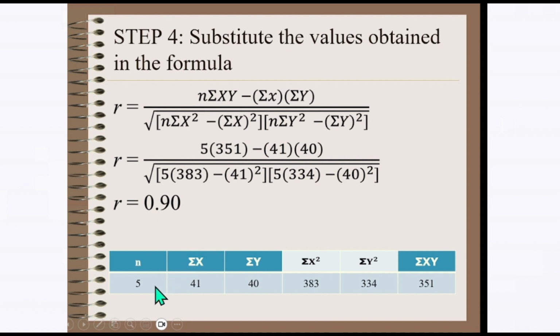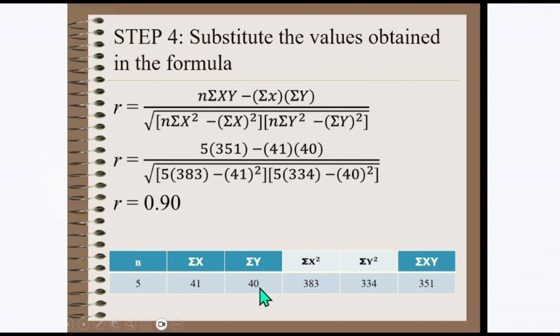Then yung summation of xy is 351 minus summation of x, 41, times summation of y, which is 40, over the square root of 5, copy 5, then summation of x squared is 383 minus the square of 41, times 5 again, n, then summation of y squared is 334, minus the square of summation of y, which is 40.